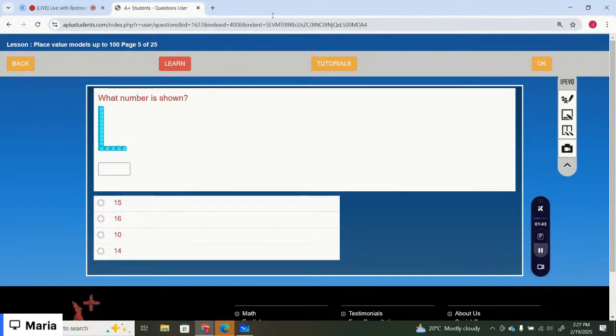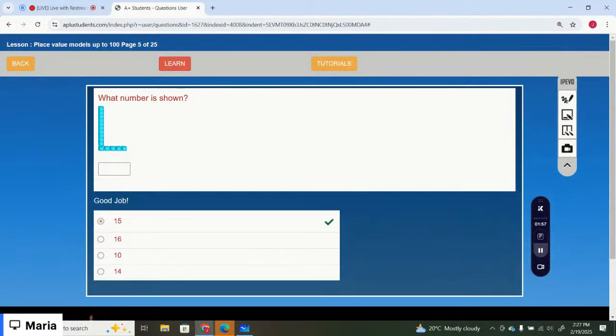What number is shown? Which is the correct option? That is 10 and 5 ones. So together they make 15.